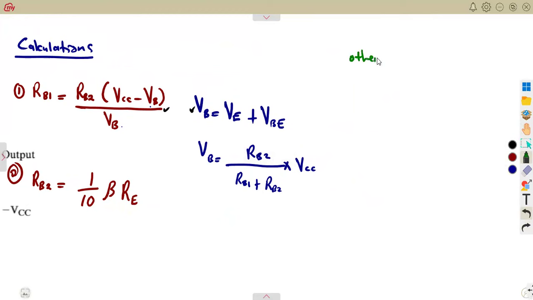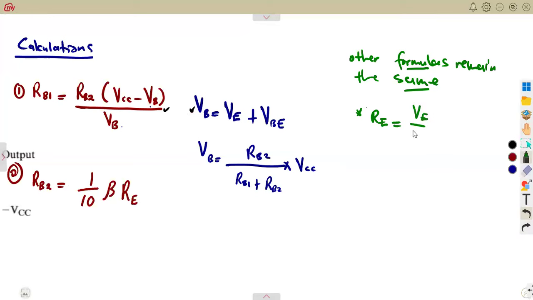So the other formulas remain the same. As you are to consider the other formulas, which formulas are we talking about? Remember, we talked of calculating the emitter resistance, which is RE, from VE over IE.